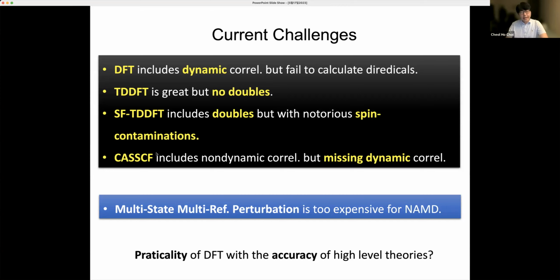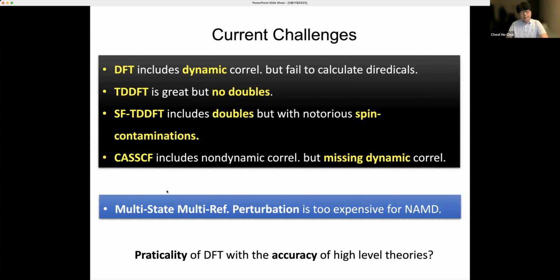And of course, there's CASSCF, certainly. This is the best method for non-dynamic correlations, but we know that it misses dynamic correlations. I will come to these points, showing you some examples of the consequences of this.